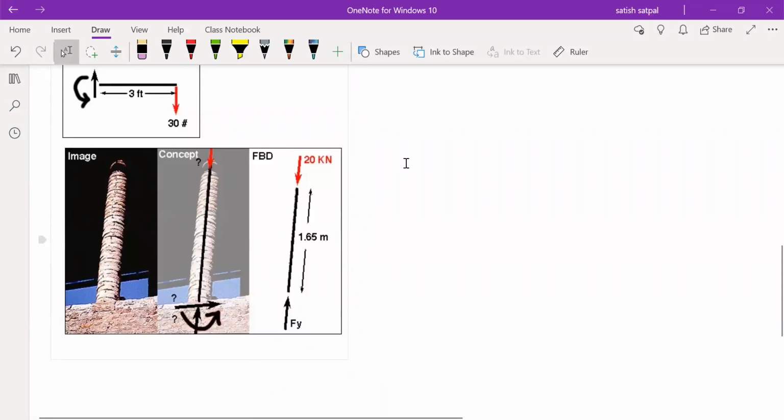Now what equation have we used to solve this problem, to calculate this reaction? The equilibrium equations, correct? Because here only one reaction is there in the vertical direction, that's why we have applied only sigma Fy equal to 0. By using that, we got this.